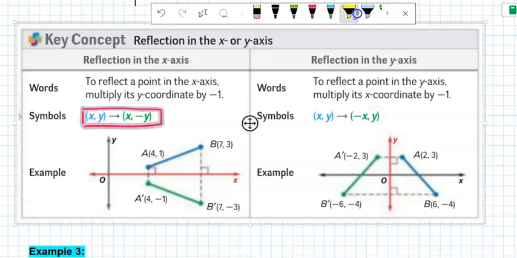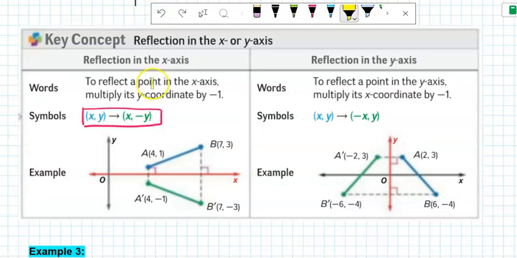If we are reflecting in the x-axis, if our first coordinates started out as x, y, it becomes x, negative y. So this means that we change the signs of our y coordinates.